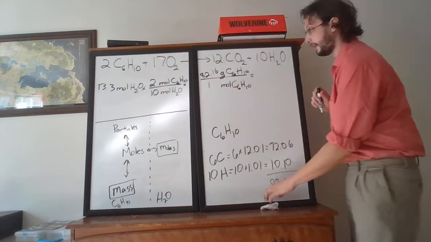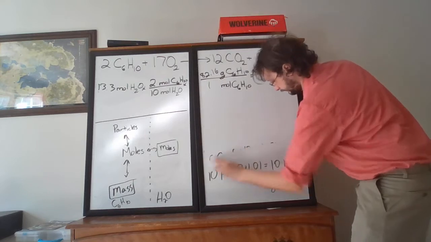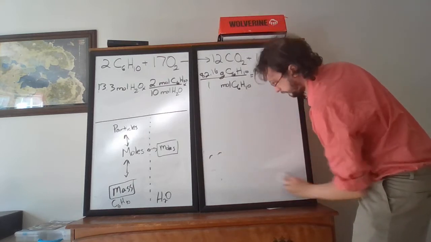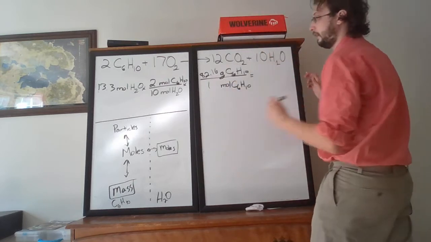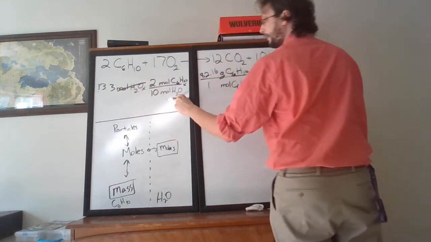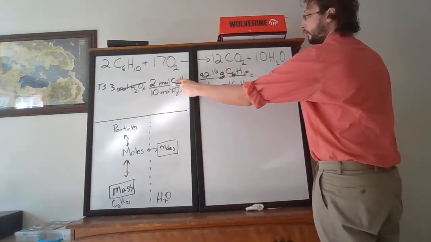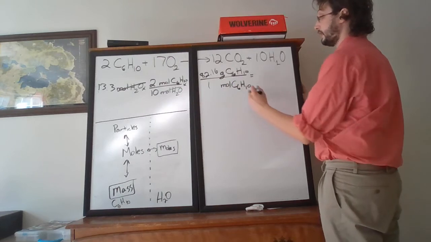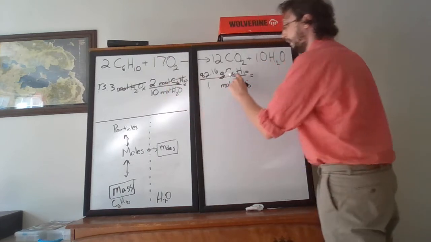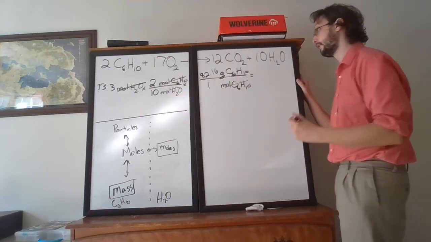So, let's see what cancels out now. Moles of water cancels out with moles of water. We have moles of C6H10 and moles of C6H10. They both cancel out with each other, and we're left with grams of C6H10.